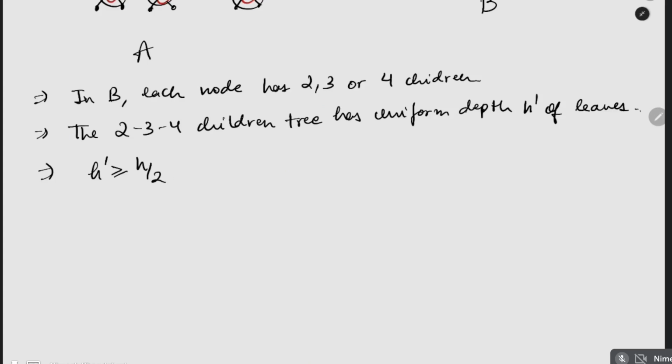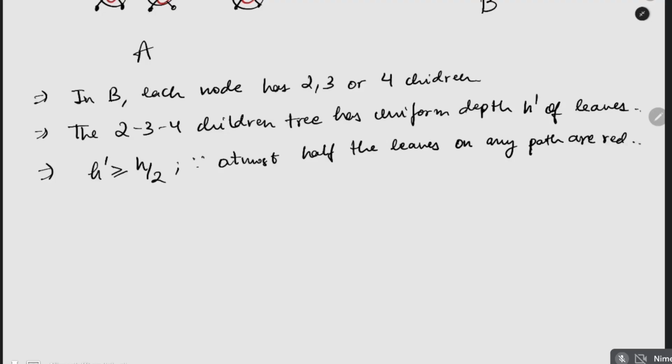Why? Since at most half the nodes on any path are red.